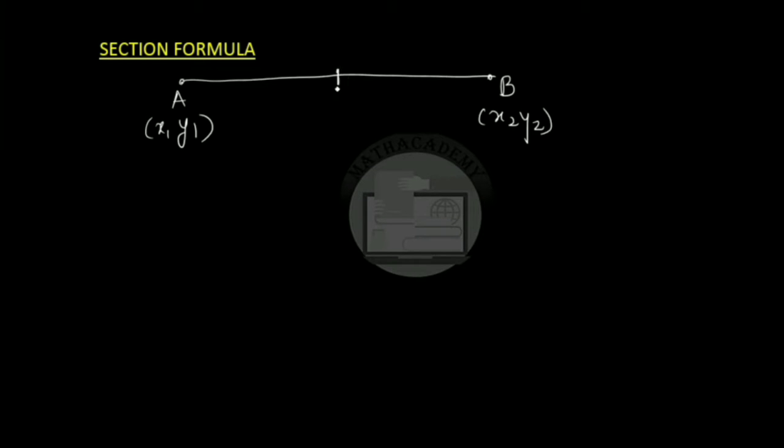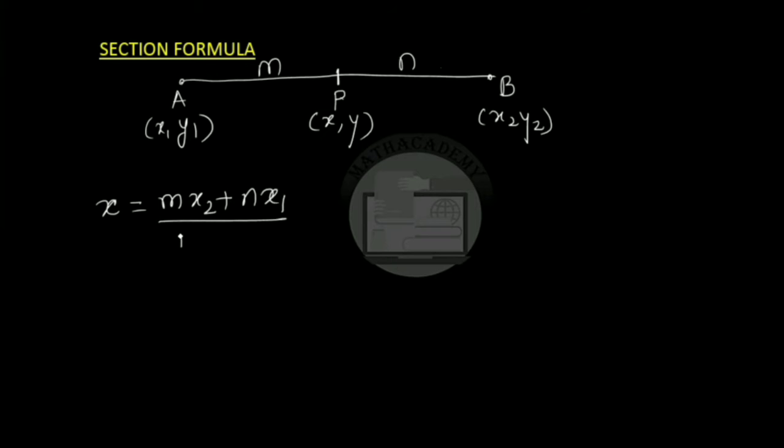The section formula says that if we have 2 points A and B with coordinates x1, y1 and x2, y2, and the join of AB is divided by the point P in the ratio m is to n, the coordinates of P being x and y, then according to the section formula, x is m times x2 plus n times x1 over m plus n. And similarly, y is m times y2 plus n times y1 over m plus n.